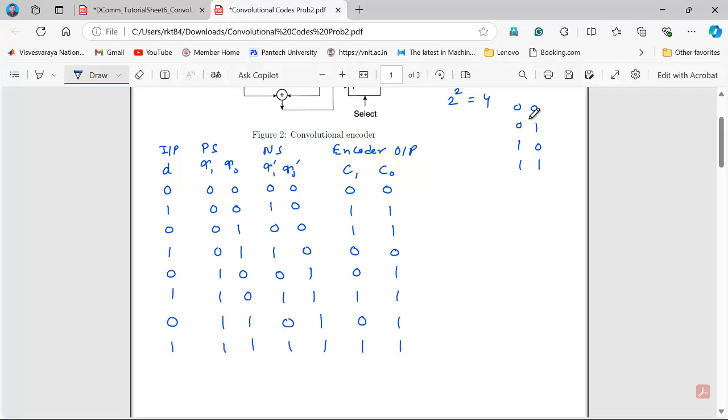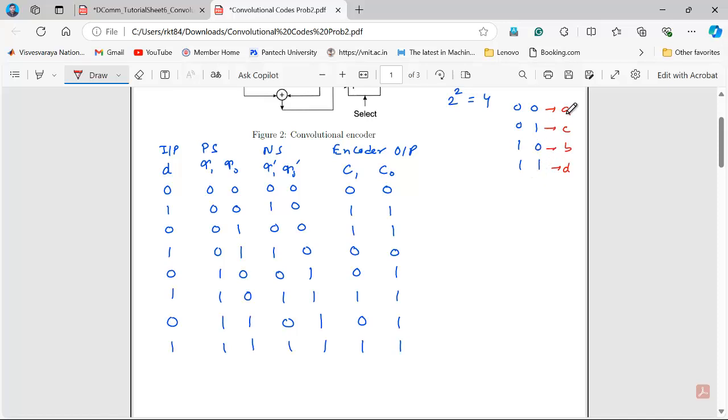Suppose I assign 0 0 with A, 0 1 with C, 1 0 with B, and 1 1 with D. I consider this assignment according to Gandhi sir's book, so you can cross verify the question. Otherwise you can give any assignment, it is not compulsory to follow this strict rule. You can assign any, but you have to mention that this is the state assignment.